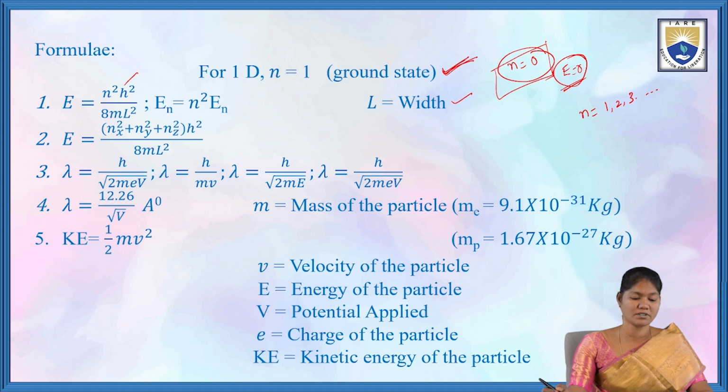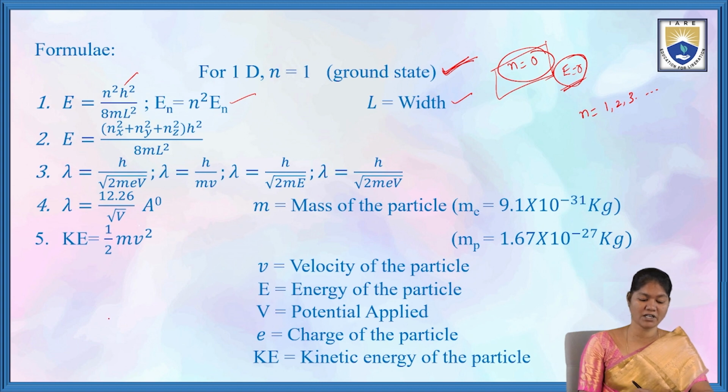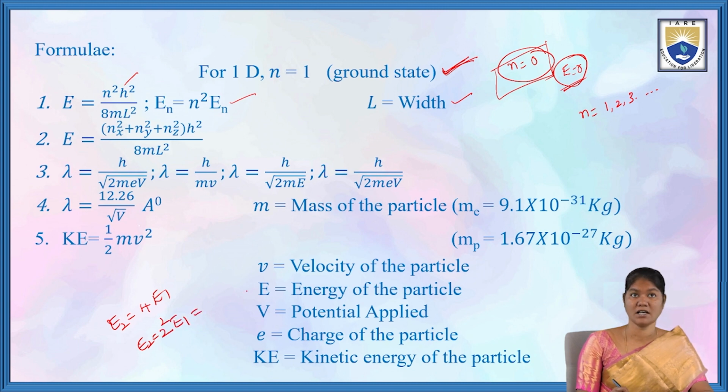Simplifying this, we can take the formula En equals n square E1. If E1 is some value, then E2 will be 4 E1, that is, E2 equals 2 square E1, which equals 4 E1.